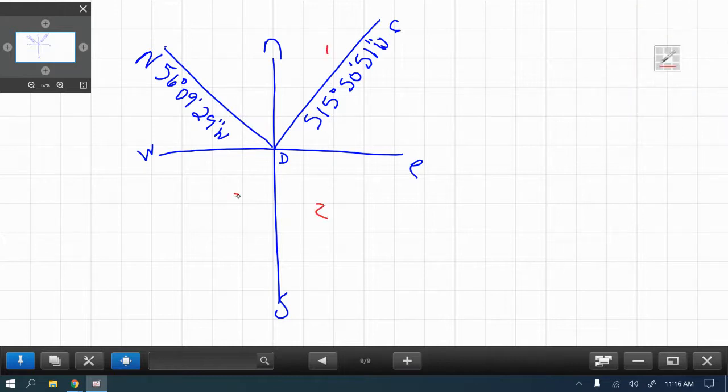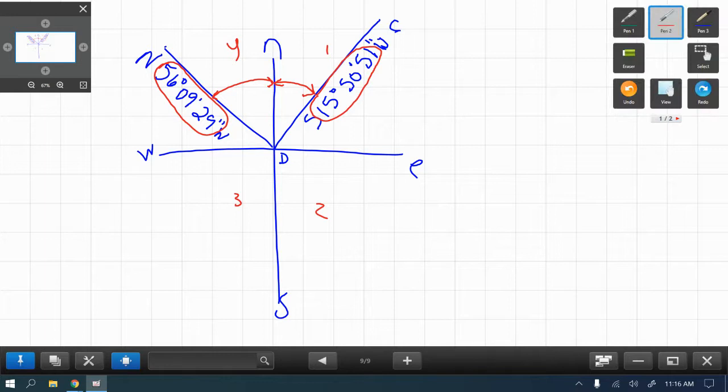Quadrant 1, 2, 3, 4. Quadrant 1, the bearing is the angle it makes from the north. So that means that's 15 degrees, 50 minutes, 51 seconds. Quadrant 4, the bearing is the angle it makes from the north. So that is that angle. And I want the angle between the two blue lines.